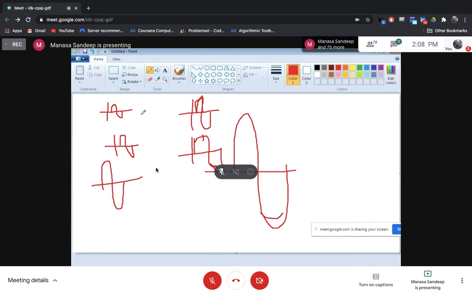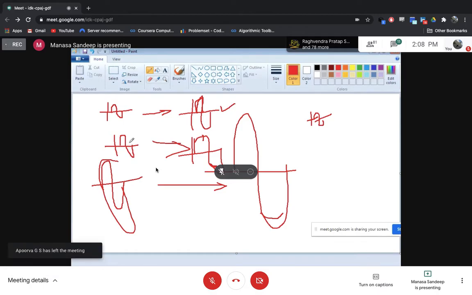Now you can see this output is linearly increasing with respect to the input. Okay, so if you are applying a very small amount of input, then the amplified output you will be getting will be small when compared to this case.